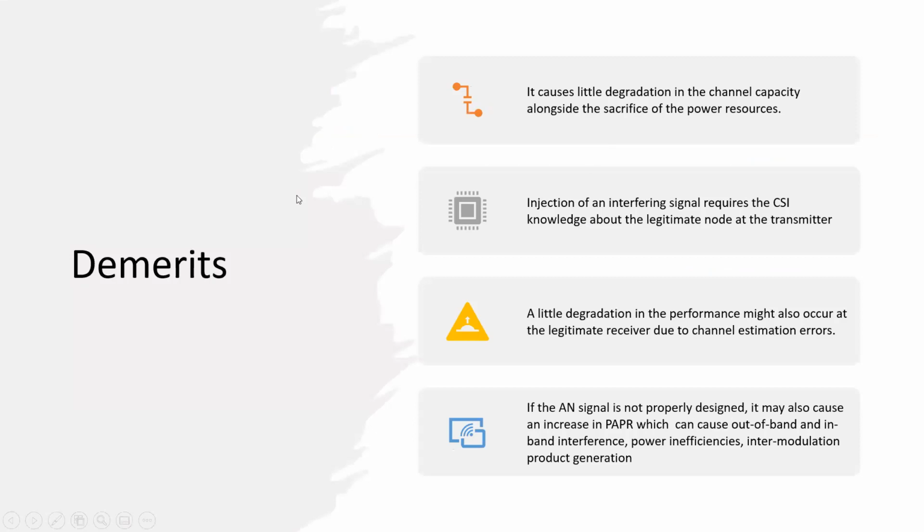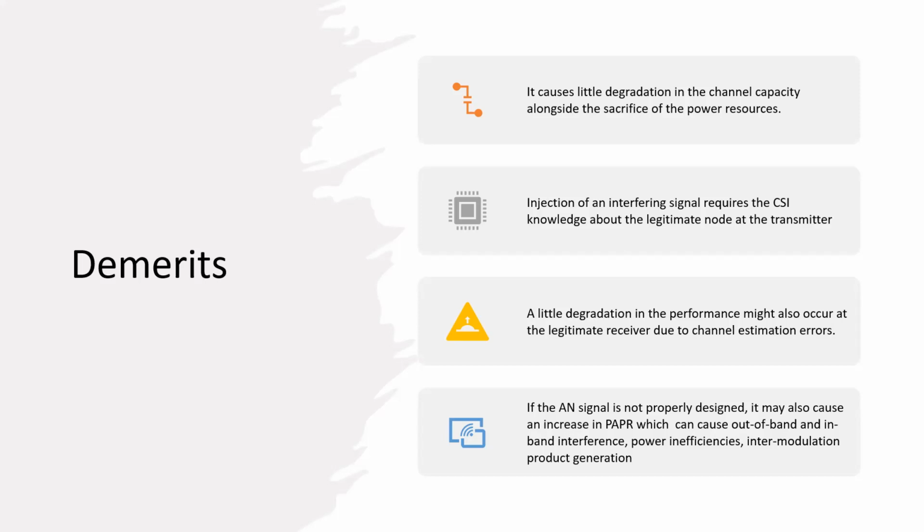So from the demerits perspective, we need to know the channel of the legitimate receiver, and the channel quality is very important here. From the practical point of view, there are some errors in the estimation, so it can degrade the performance.